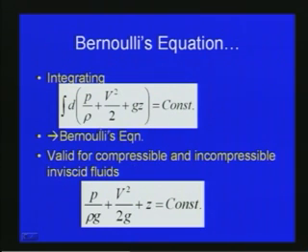So this is the integral form, the general Bernoulli's equation. As we have seen, this is valid for incompressible and inviscid fluid. Actually, since the rho term is there in this general equation, it is valid for compressible and incompressible inviscid fluid. So we can write p by rho g plus v square by 2g plus z is equal to constant.